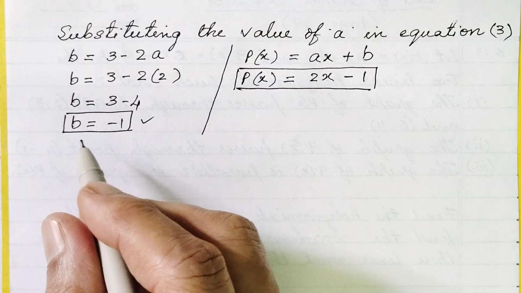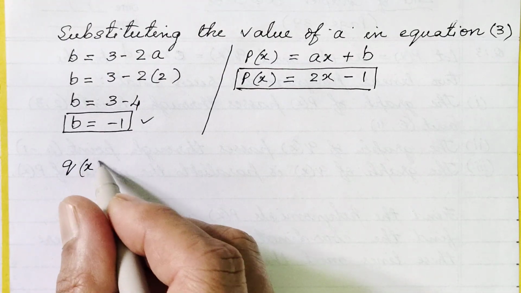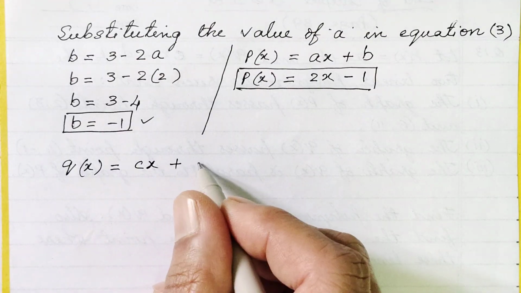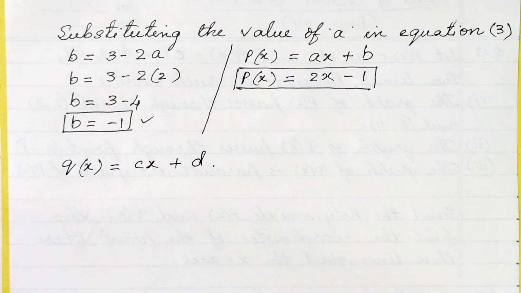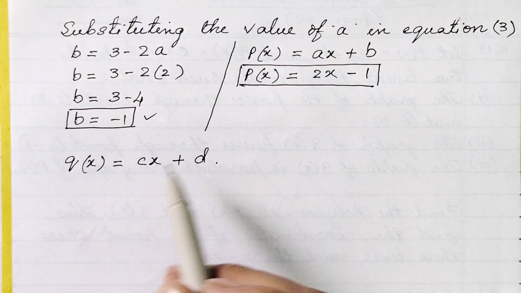So now q(x) is equal to cx plus d. Now we will try to find the value of c and d.